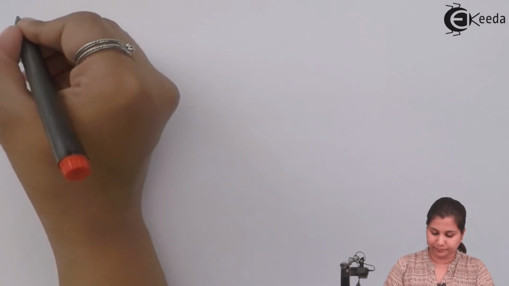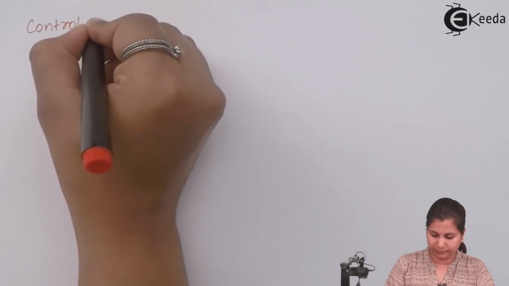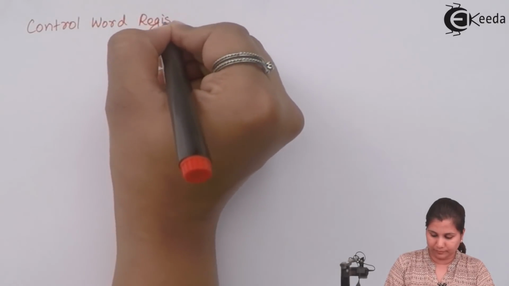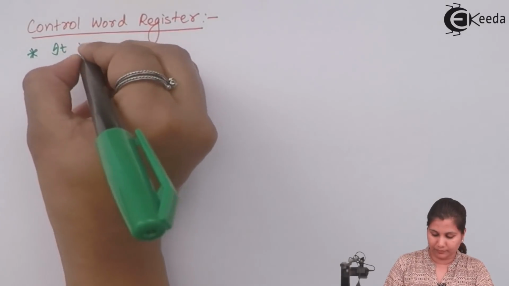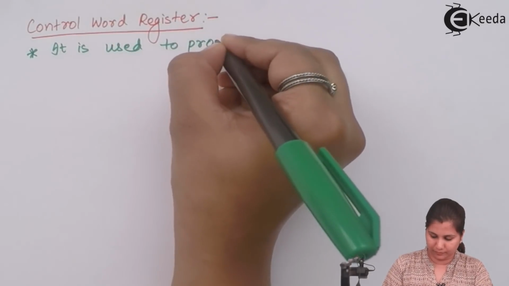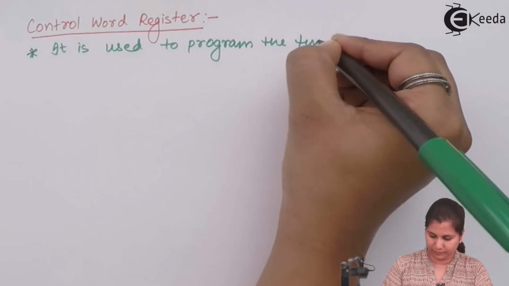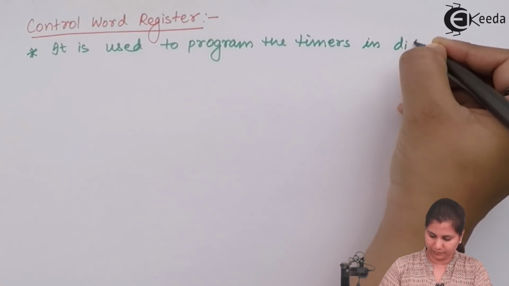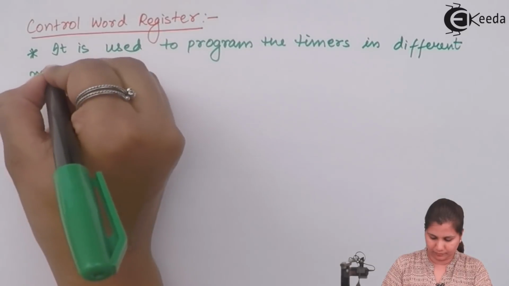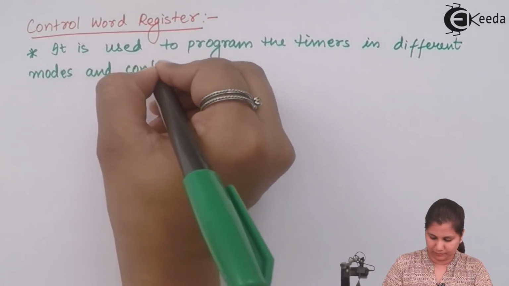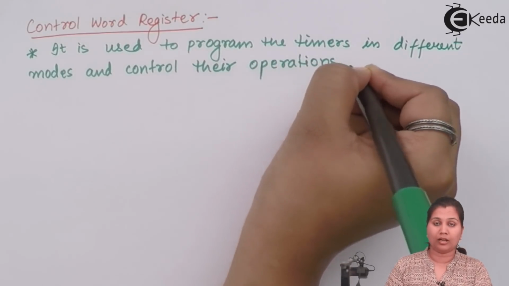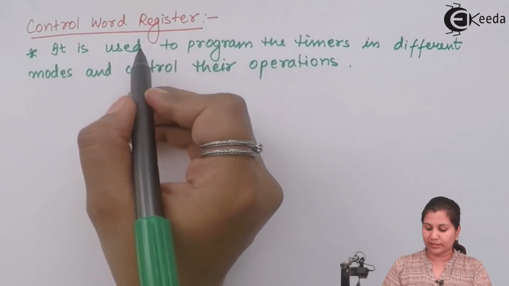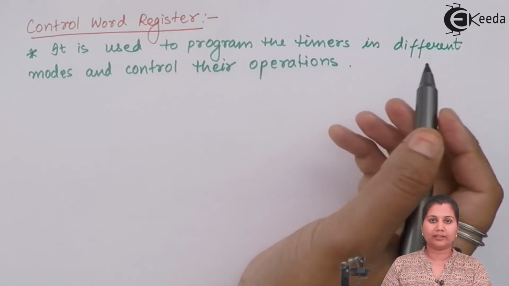Now next comes the control word register. The control word register is used to program the timers in different modes.